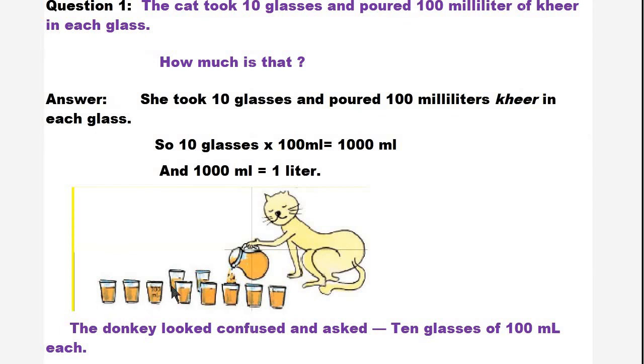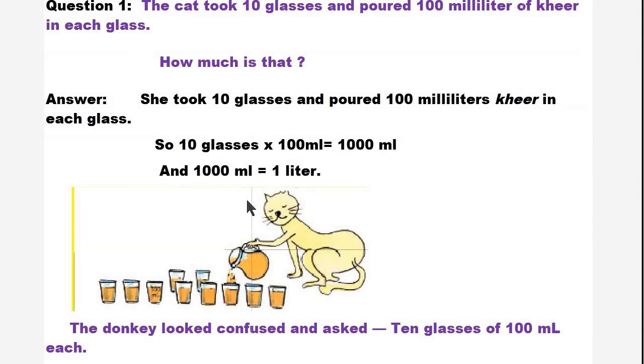And in each glass, if 100 milliliter of kheer is there, then 100 into 10 is equal to 1000 milliliter. So here 1, 2, 3, 4, 5, 6, 7, 8, 9 and 10. 10 glasses are there. And 10 glasses into 100 is equal to 1000 milliliter.